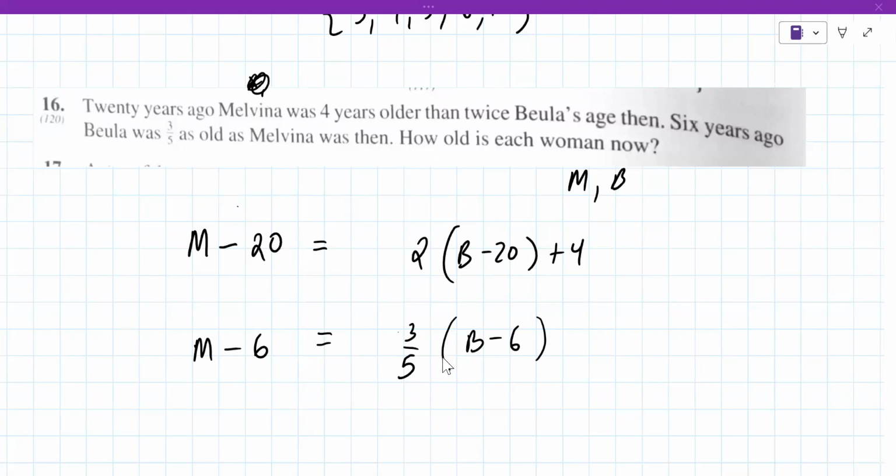I got B equals 20 and then M equals 24. Okay. I am just a tiny bit behind you here. I may have got it wrong.